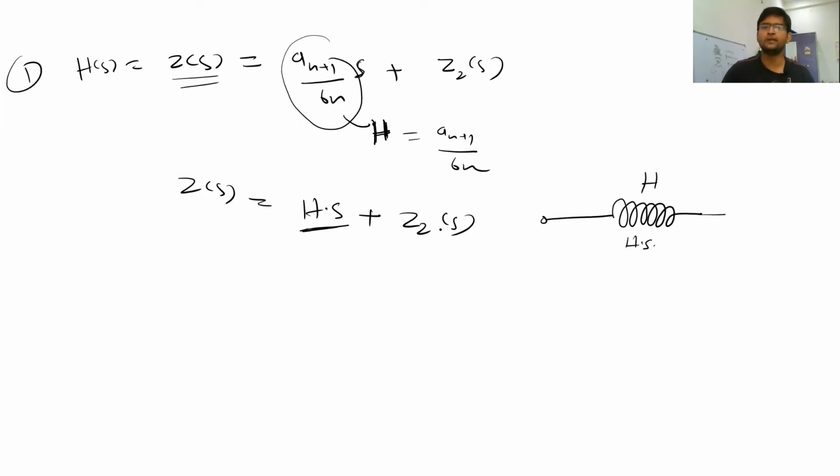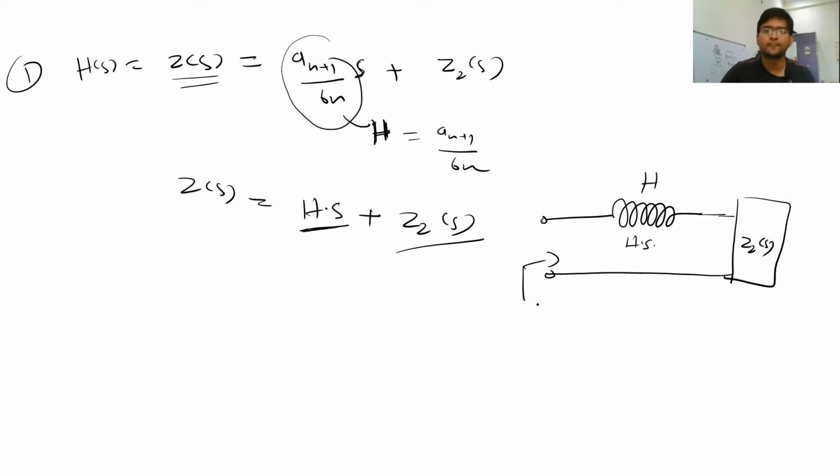So it will be in series with impedance Z2(s). So this is how your circuit will look, and this whole thing is nothing but H(s), which is nothing but Z(s). So this is how you can take out a pole at infinity from this impedance circuit.